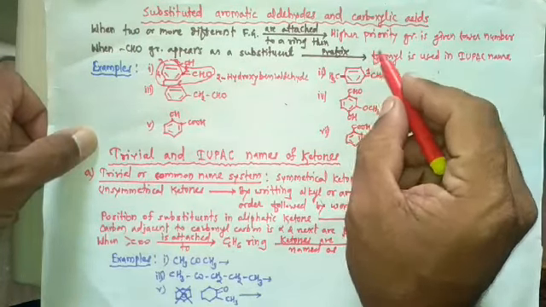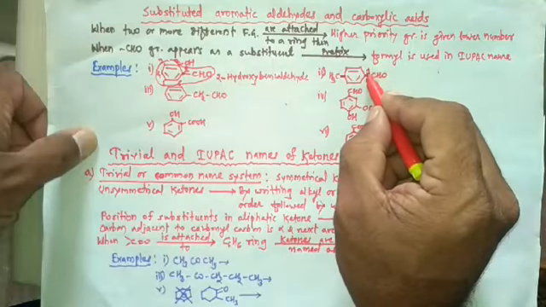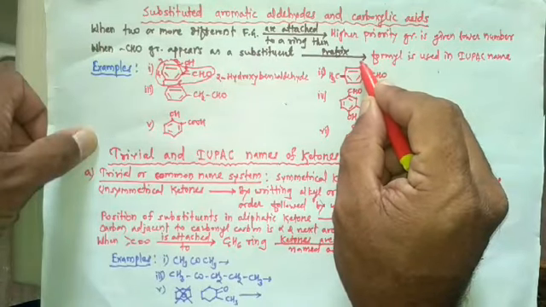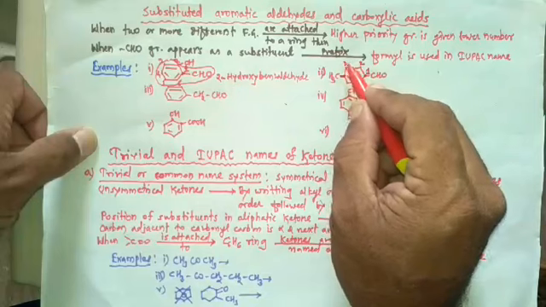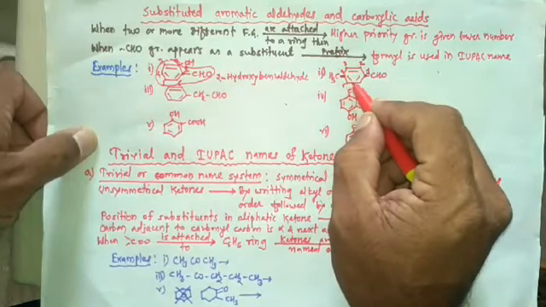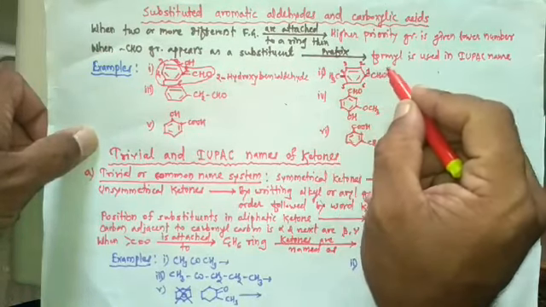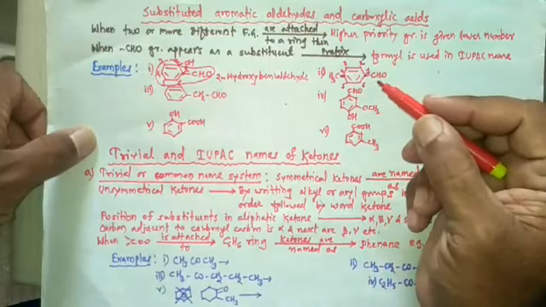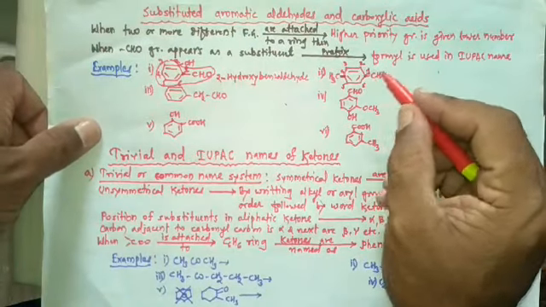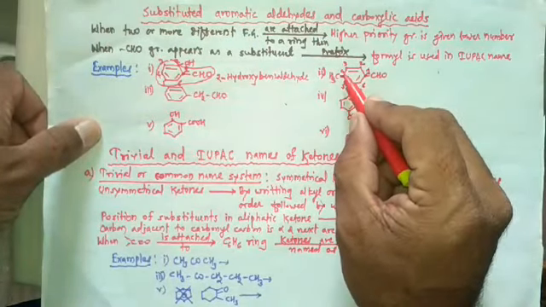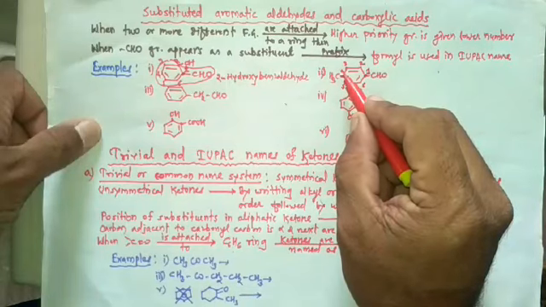So let's number the carbon chain: 1, 2, 3, 4, 5 and 6. On the fourth carbon atom a methyl group is present.